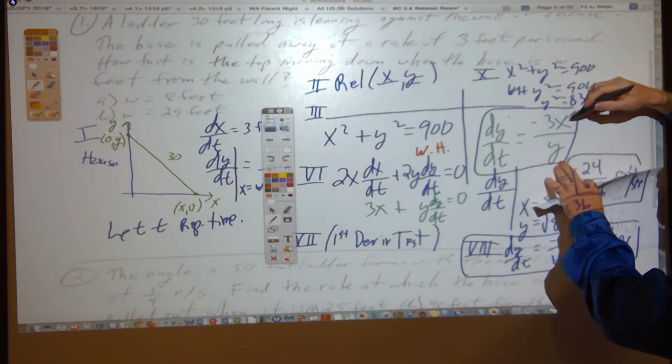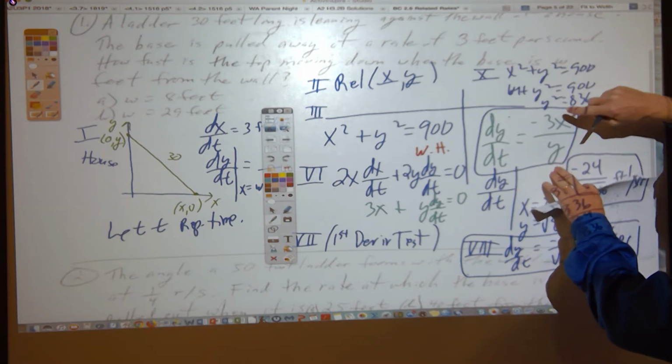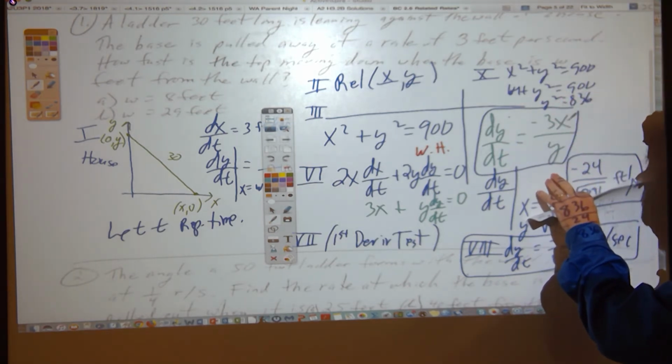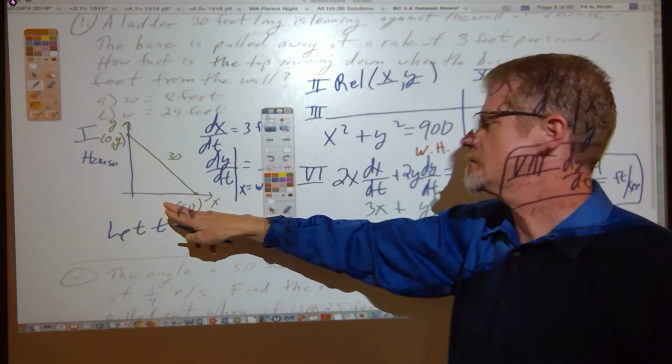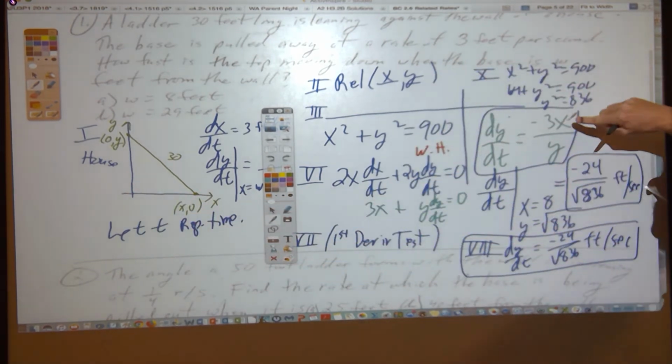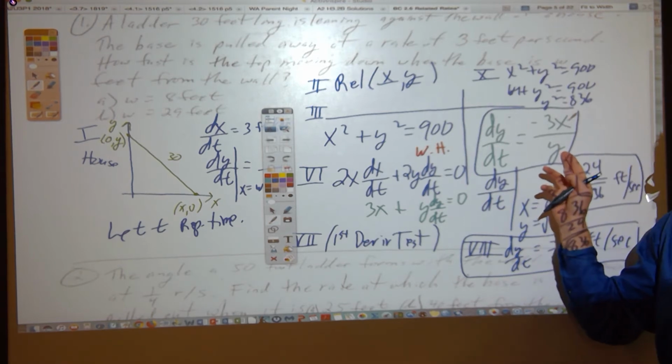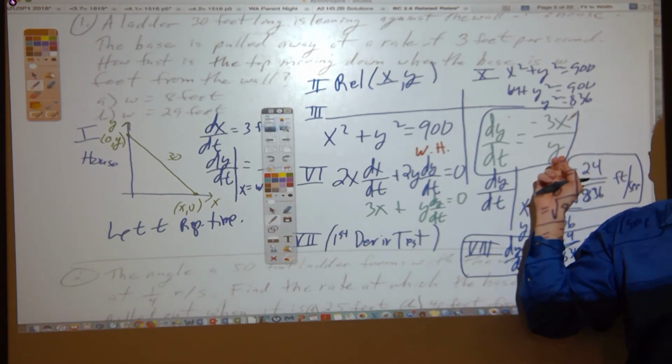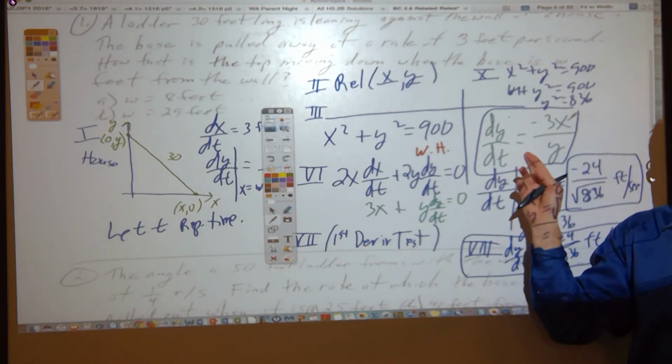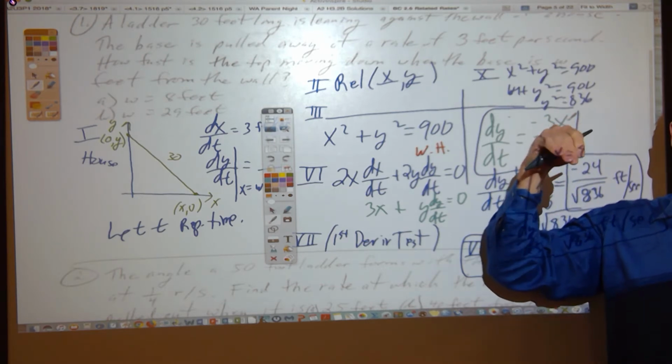As x approaches, look at dy/dt. As x gets closer and closer to 30, x can't get any bigger than 30. What's y approaching? It's approaching 0, friends. That means that the speed is approaching infinity.